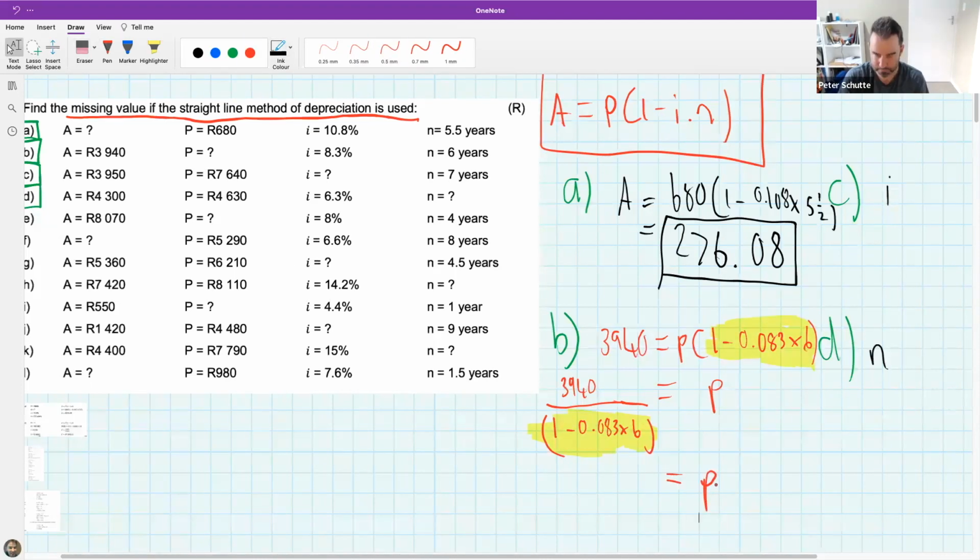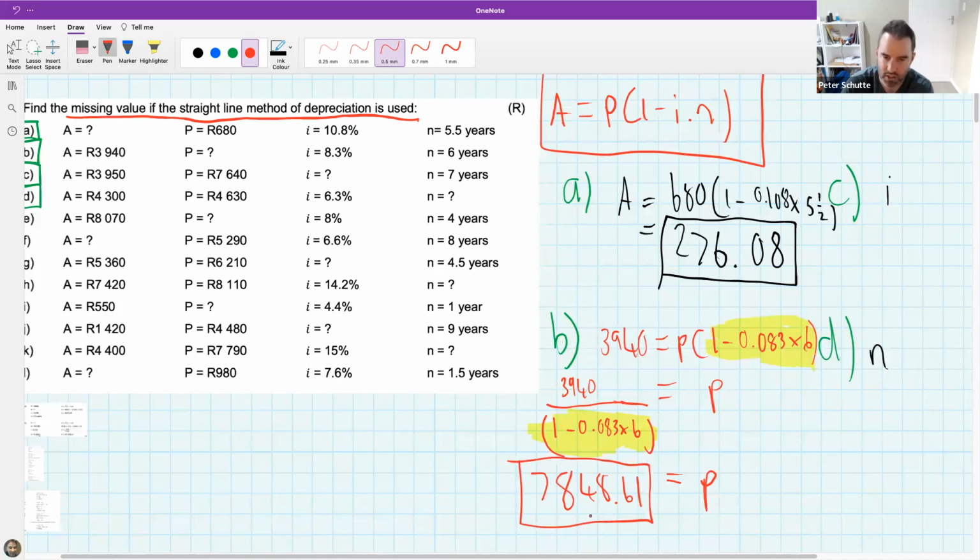I have to use my calculator. I get 7848.61.